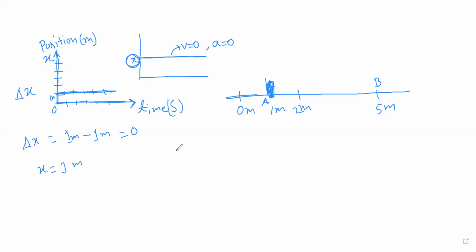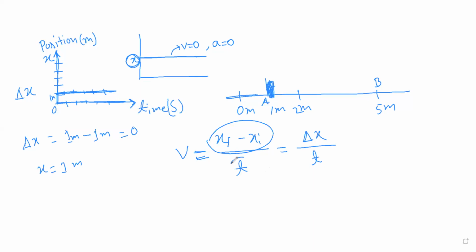And how do we define velocity? When we talk about velocity, it's final position minus initial position divided by the total time. So sometimes we represent it as del x over t. Del x represents final position minus initial position, and t is time.